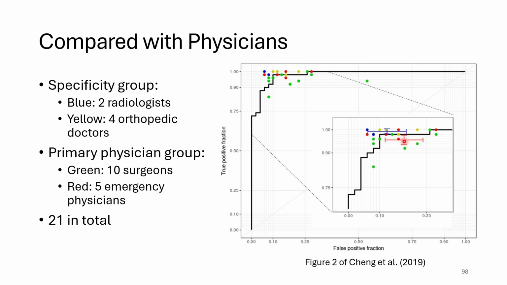And another cross is the red cross. The red cross is the mean and the standard deviation for the primary physician group. Their results show their accuracy is slightly worse than the neural network.